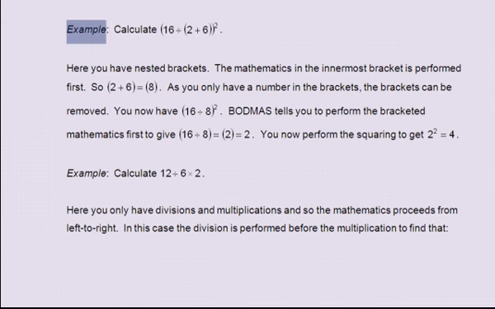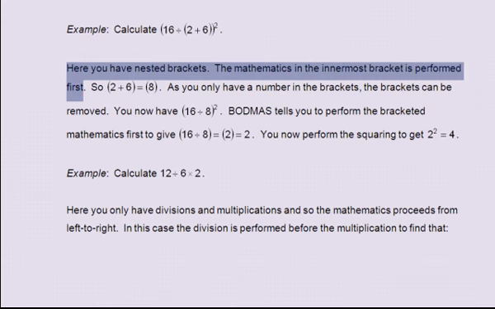Let's look at another example. Calculate 16 divided by 2 plus 6 in brackets, all squared. Here you have nested brackets. The mathematics in the innermost bracket is performed first. So 2 plus 6 equals 8.